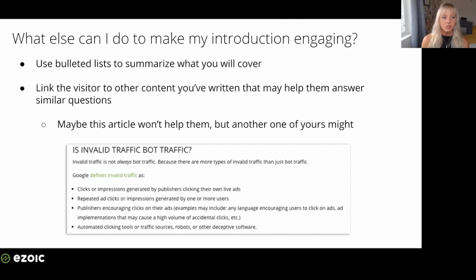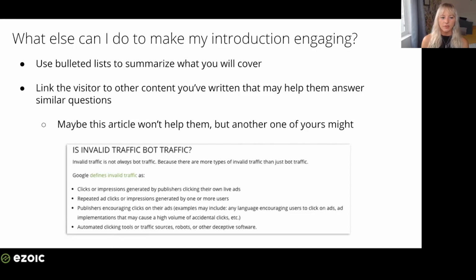And then to finish the introductory section, you can also link the visitor to other content you've written that may also help them answer similar questions. So in the same example, you have "Google defines invalid traffic as." You can see it's highlighted in green. That means it's a link, and it's linking to something that we've already written before that has to do with Google's invalid traffic.